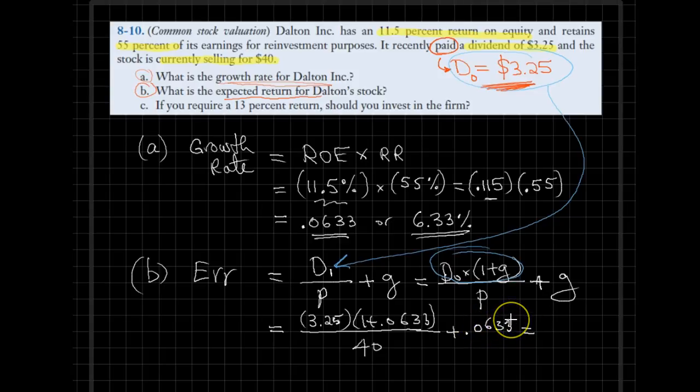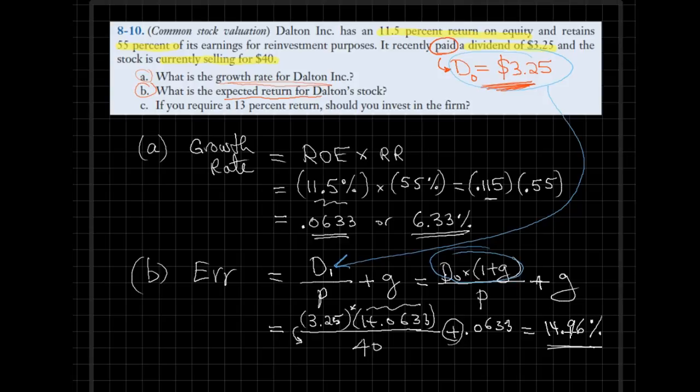Now this is pretty much algebra, so you execute the parentheses first, then you make your multiplication, you do the division, and ultimately you add these two terms, and you should find that the answer would be 14.96%. So that's the expected rate of return for this common stock.